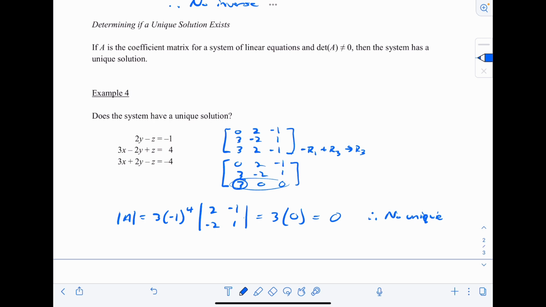But generally speaking, I kind of hit a rabbit trail there for a minute. When you get 0 for a determinant, it just simply tells us that there's not one unique solution. Okay. Again, it doesn't tell us that it's infinite or none. We just know that it's not one.